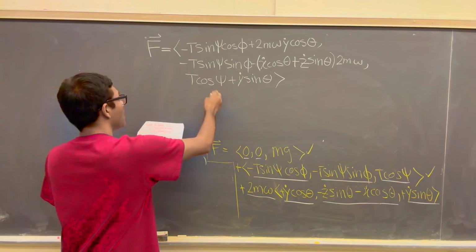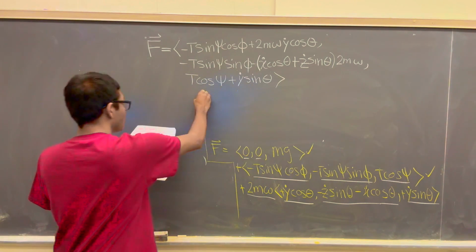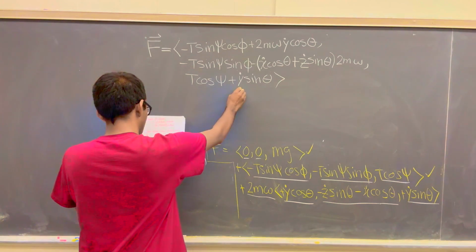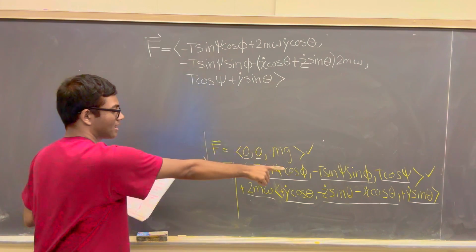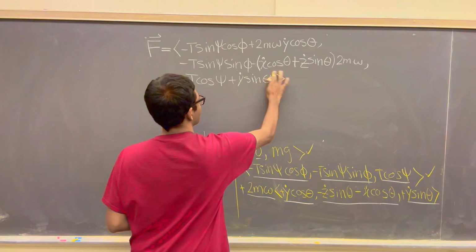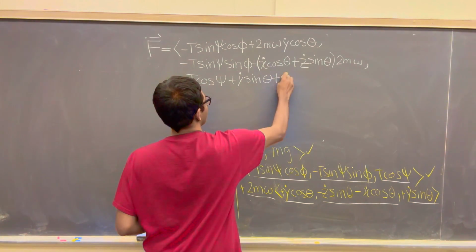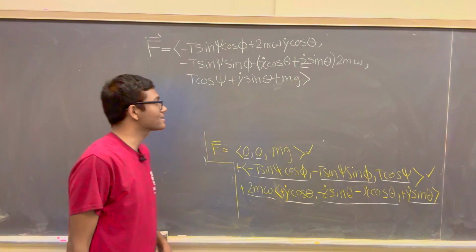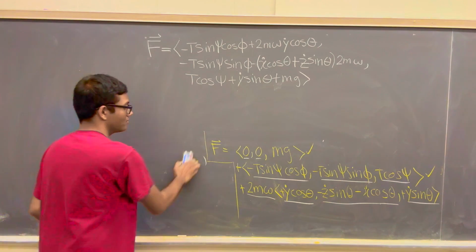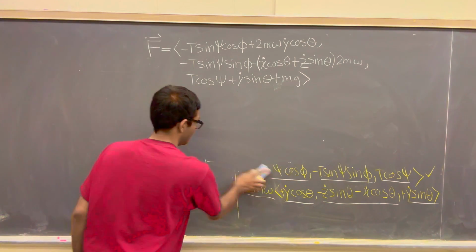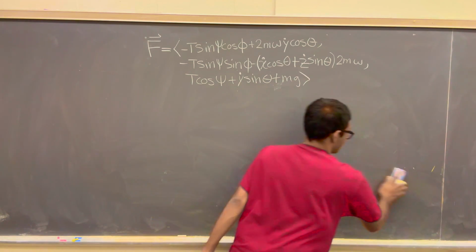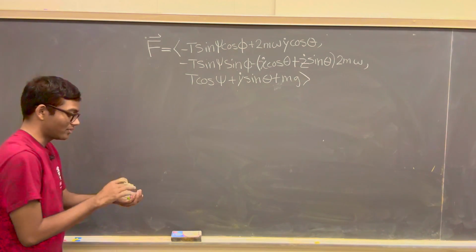And finally, y dot sine theta plus, something's wrong here, y dot sine theta plus T cosine psi plus mg. So I forgot my plus mg term, plus mg. Okay, very good. So that is our total force. So now I can erase this finally. Okay, good. So now we can write down the force.